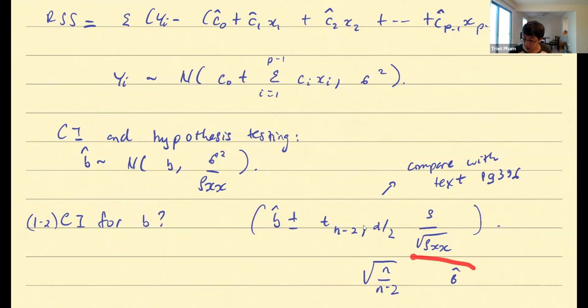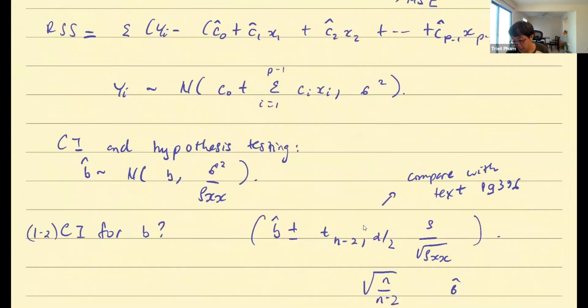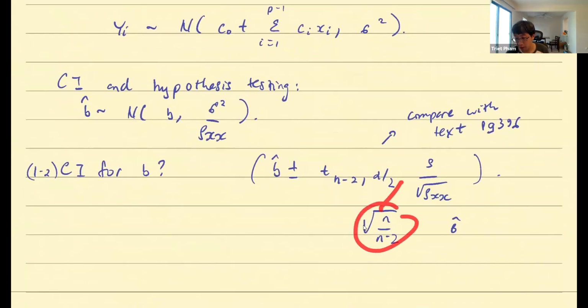That's because the textbook used the biased estimator, sigma hat, the MLE estimator. So they have to balance it back for the confidence interval. I use S, so I don't have to normalize it. So I think this is much cleaner.